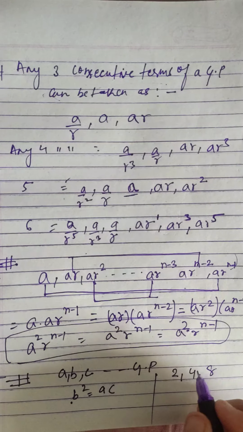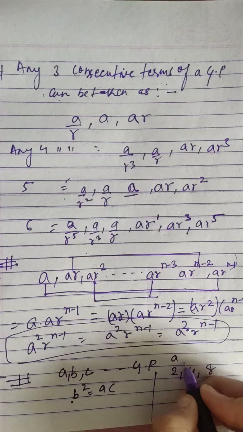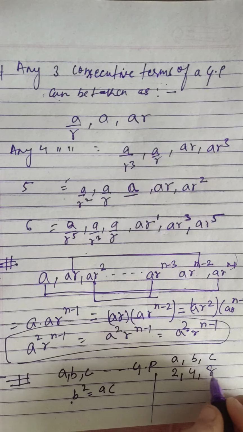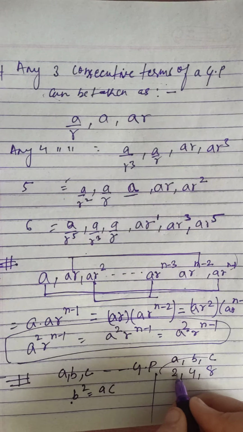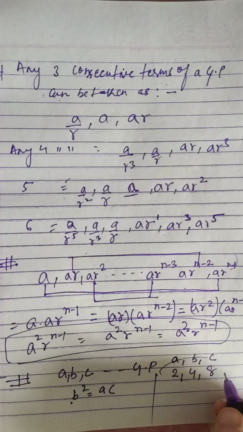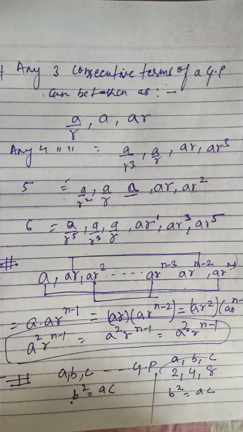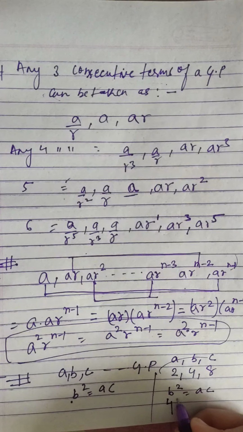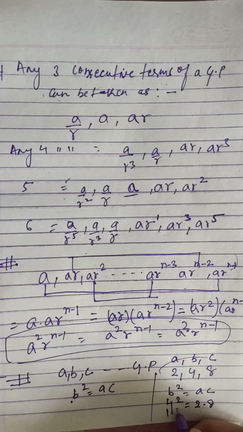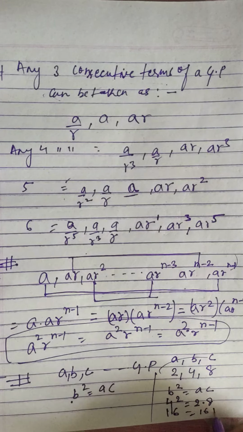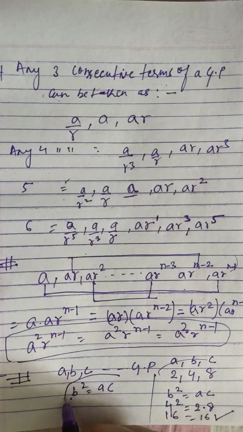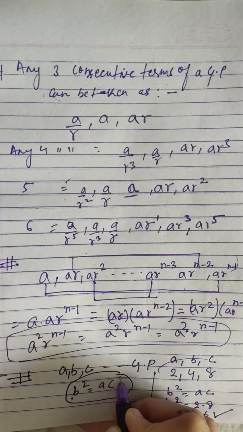These three are in GP, so assume them as a, b and c. If 2, 4, 8 are in GP, then b square must be equal to ac. So b is 4, 4 square should be equal to 2 into 8. So you can see that 16 is equal to 16. Hence this is true in the case of GP.